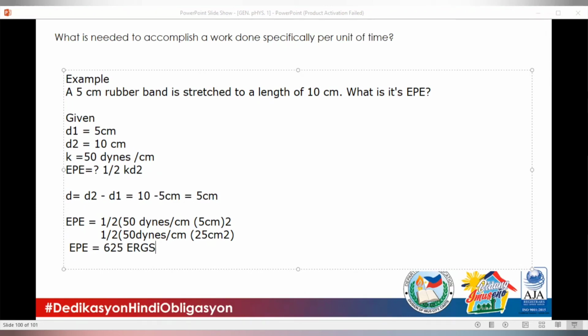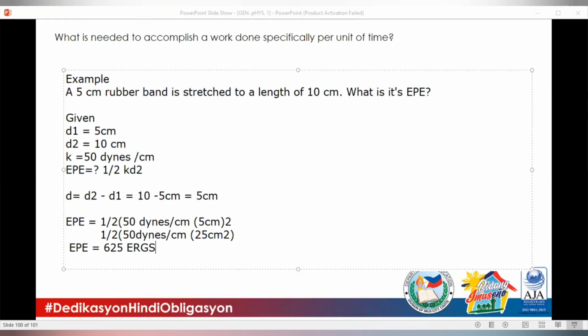Okay? So remember, energy cannot be created nor destroyed. It is only transformed from one form to another. So, ibig sabihin, energy is always conserved. The total mechanical energy is always conserved. Potential and kinetic energy are mechanical energy. And this energy, in terms of work done on an object, is always equal, or it is always conserved.